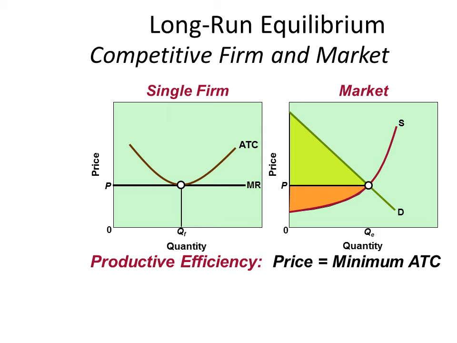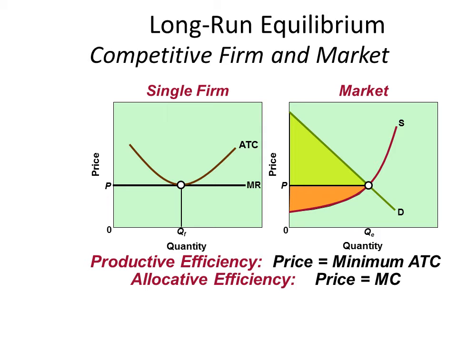If economic profits are present, more firms will enter the industry. Of course, if economic losses persist, firms would exit the industry. So, in a purely competitive market, in the long run, price equals minimum average total cost. Each firm is producing the next unit of output at the lowest possible average total cost per unit, and that creates productive efficiency.